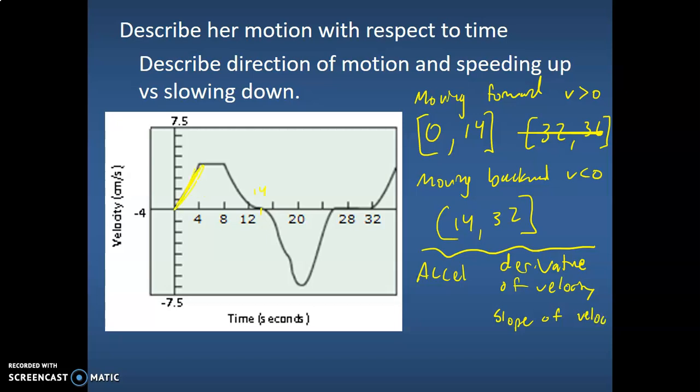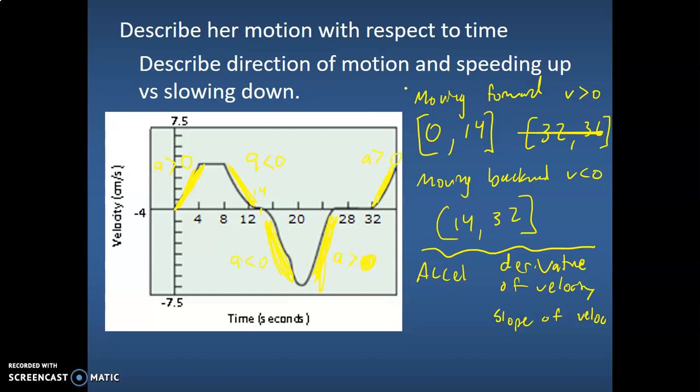So if I look here, the slope is positive, which means my acceleration is positive. If I look here, the slope is negative, which means my acceleration is negative. Slope here is negative, which means my acceleration is negative. Slope here is positive, which means my acceleration is positive. And then slope here means my acceleration is positive.